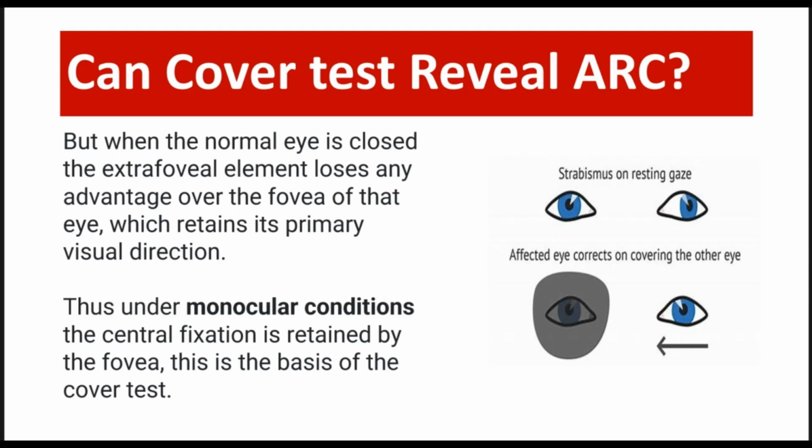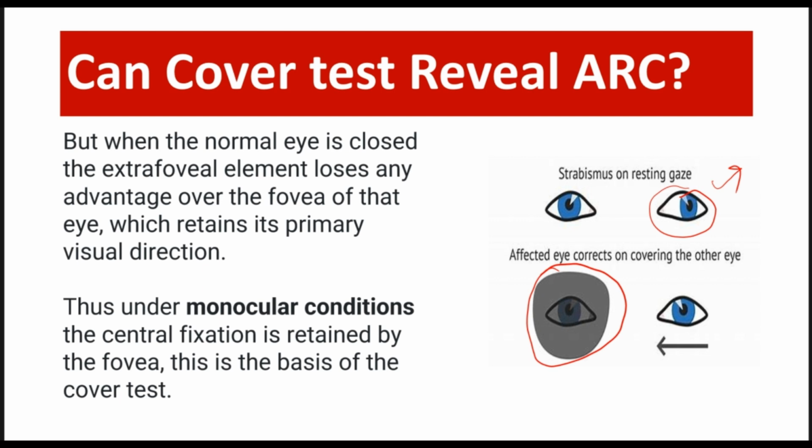In abnormal retinal correspondence, whatever correspondence is developed between the fovea and the extrafoveal point is under binocular conditions. That means if you cover the normal eye, the extrafoveal element is going to lose that advantage that it has along with the fovea of the other eye. And now the fovea of the deviated eye is again going to take its predominance, and the eye is going to move to the normal position.